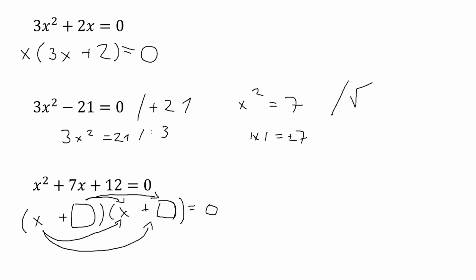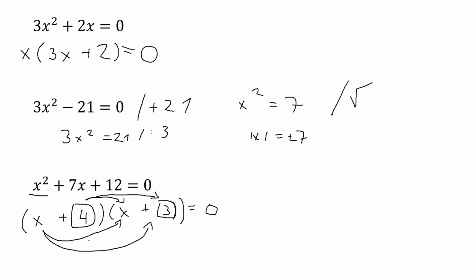You need to think what times what would be equal to 12, but their sum would be equal to 7. Well, in this case, it's quite obvious. It's 4 and 3. So if you multiply x times x, you get x squared. Then x times 3 is 3x plus 4x, which is 7x, and then 4 times 3 is 12.